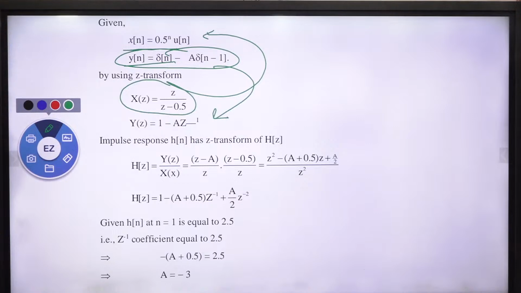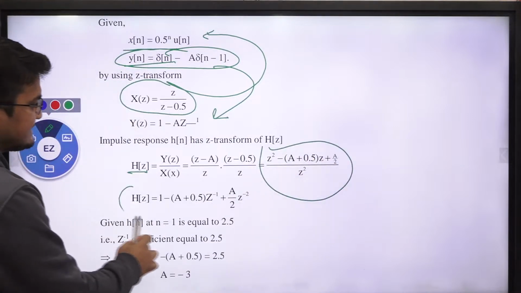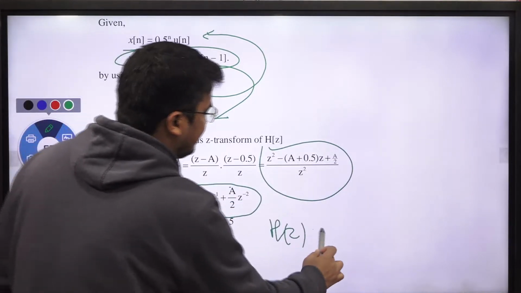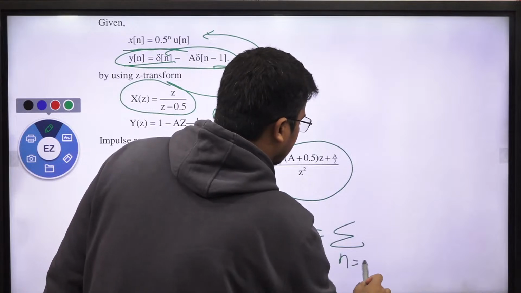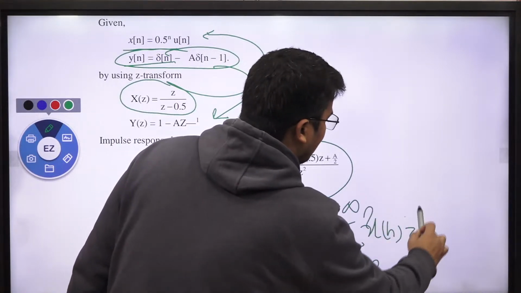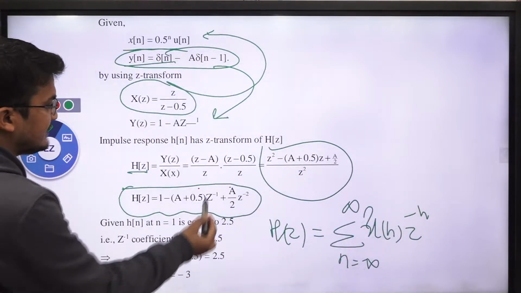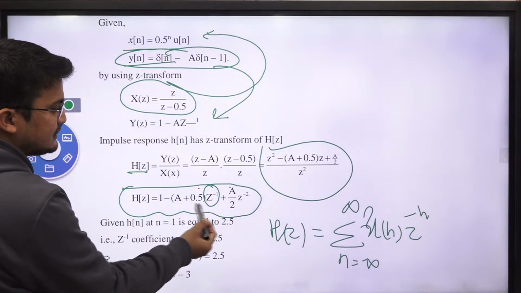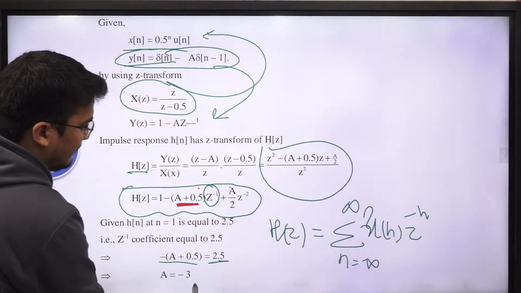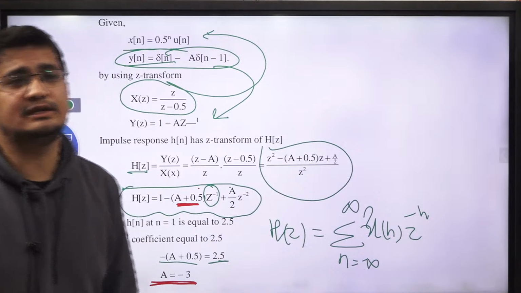Similarly, H of z I calculated this way, and if I make the H of z expansion, it will be somewhat like this, and H of z can be written as the summation of n from minus infinity to infinity of h of n times z to the power minus n. If you compare, you see z raised to power minus 1, so it means n value is 1. So this will be the sample value at n is equal to 1, so this is equal to 2.5. From here you can calculate the value of a, and you end up getting minus 3. So the answer will be minus 3 for this question.